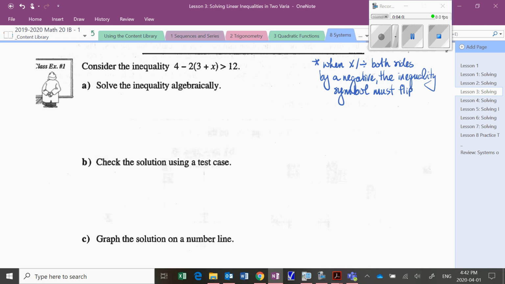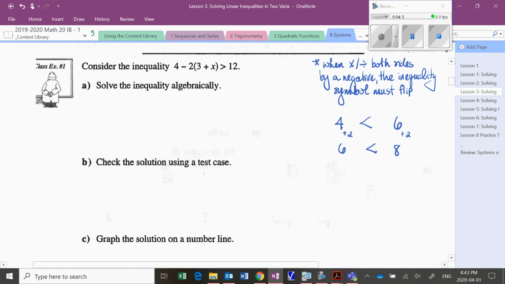And so just a quick reminder on why that is, because a lot of people just memorize this without fully understanding. So if we were to say, for example, let's say 4 is less than 6. Well, of course it is. If I just simply add 2 to both sides, then I would have 6 and 8, and the statement is still true.